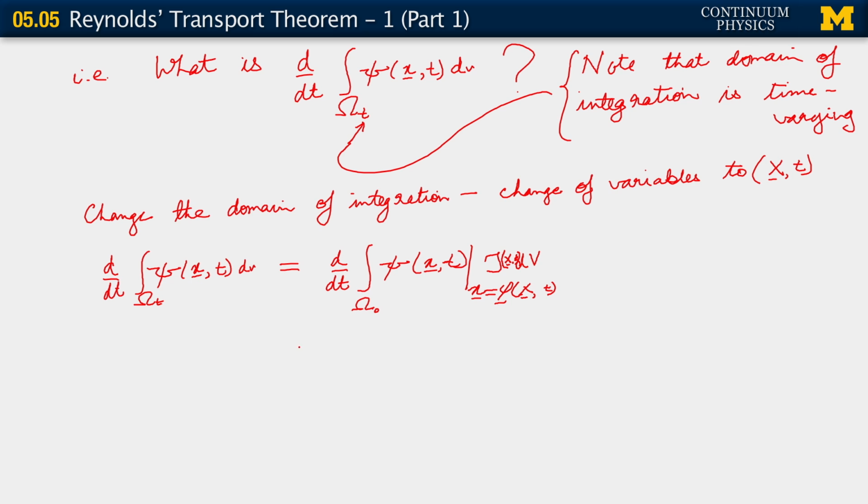Okay, so what we can now do is to simply write this as the integral over Ω_0, right? A time derivative. Now, the time derivative that comes about here, remember, is a time derivative with respect to time only, and the way we can make this equivalent is by observing that the reference position capital X is fixed. Okay? So the type of time derivative we want to take here is the following.